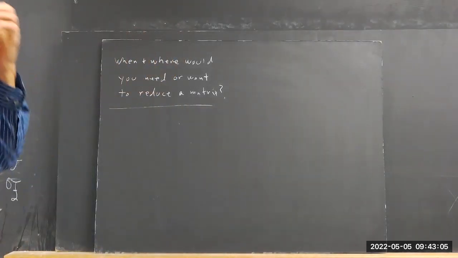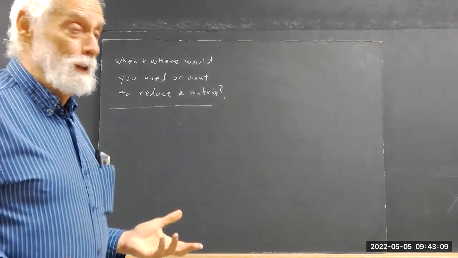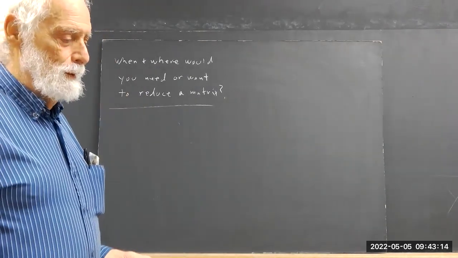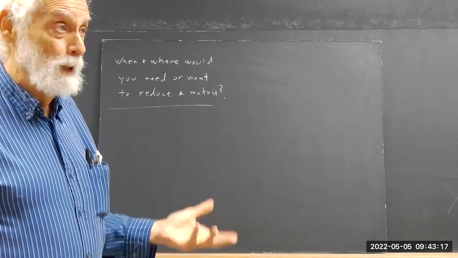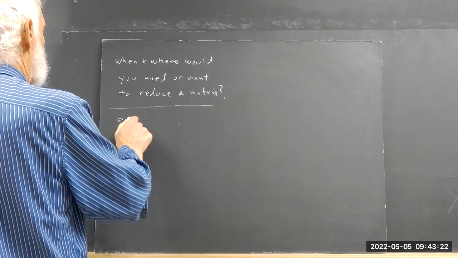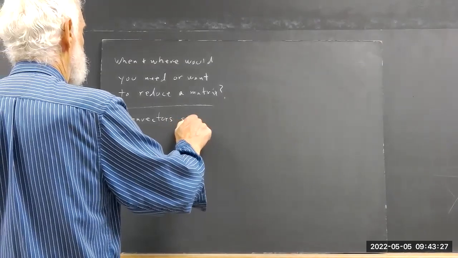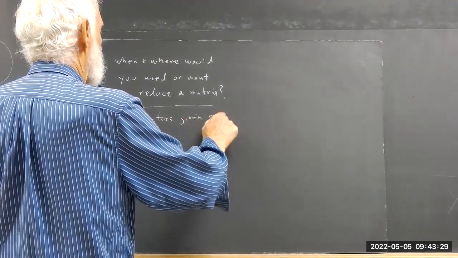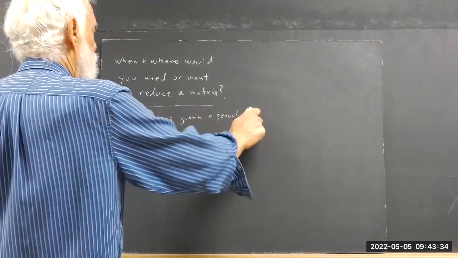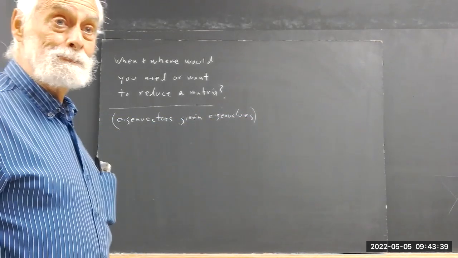Well, not sure how many of you listed the most recent stuff. You're going to reduce a matrix to determine eigenvalues, right? Eigenvectors. Okay, so maybe I'll put that in parentheses because really you just write out the equation.